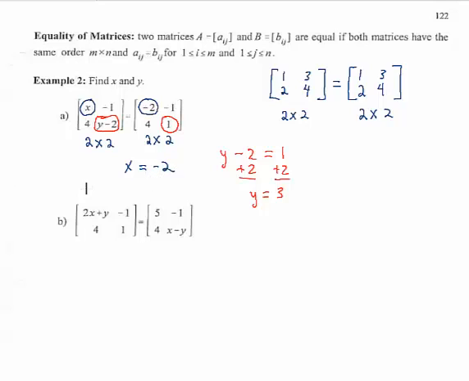Okay, so it's pretty simple. We match the elements of each matrix, and so each one of these we could possibly come up with 4 equations because there's 4 elements in a 2 by 2 matrix. So for the next one, 2x plus y is in the first row, first column.